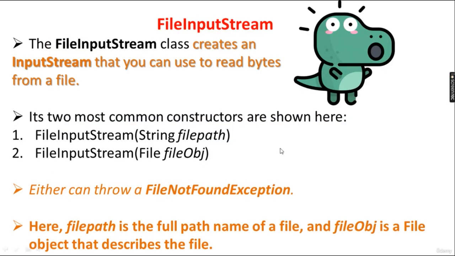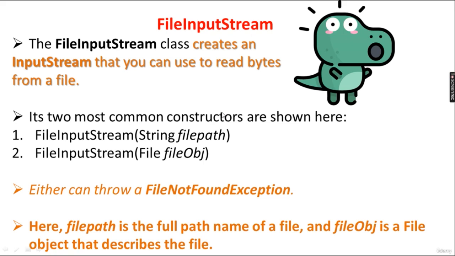Then file input stream. The file input stream class creates an input stream that you can use to read from a file. So whatever is there in the file, written so that you can read it.